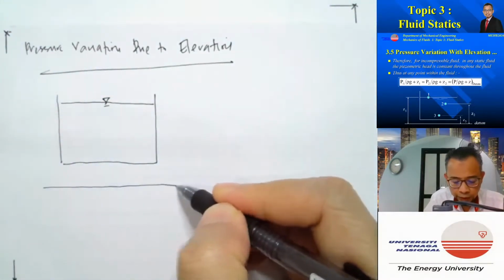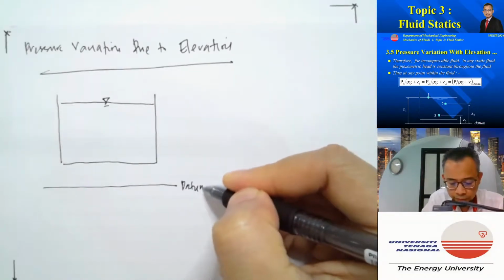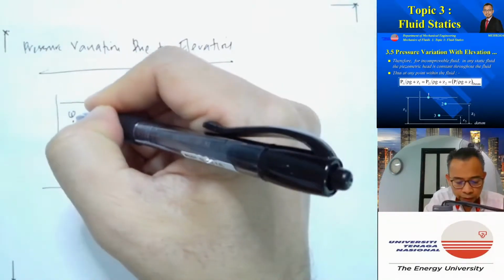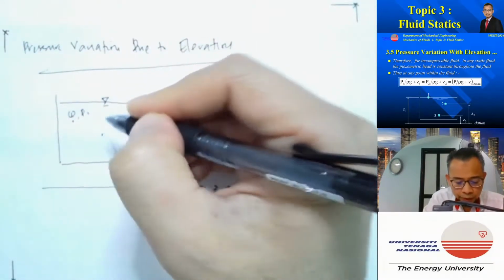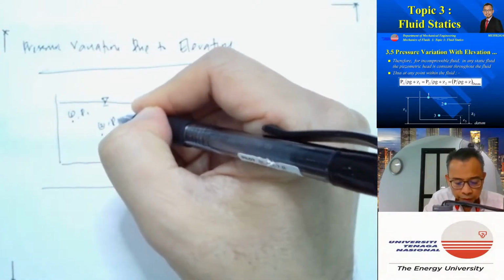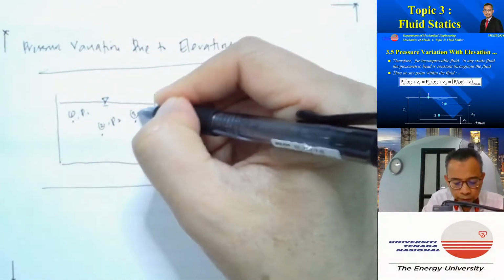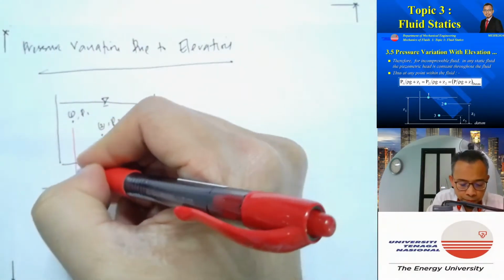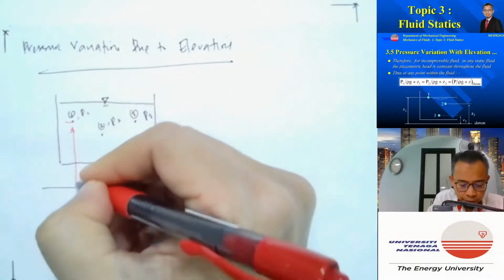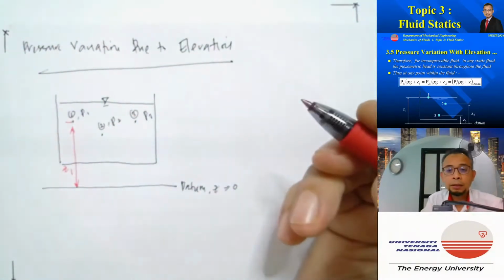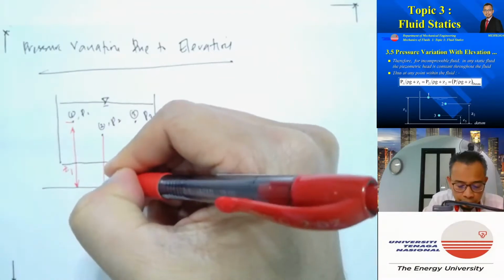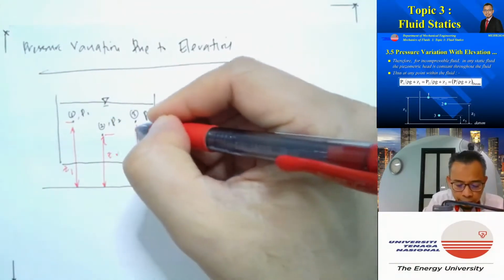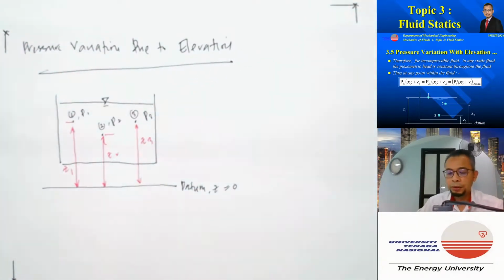We can define our datum, where our Z is equal to 0, and let's call that 1.1, where the pressure there is P1, and call this 1.2, where the pressure there is P2, and call this 1.3, where the pressure there is P3. Then this will be my Z1, this is my Z2, and this is my Z3.